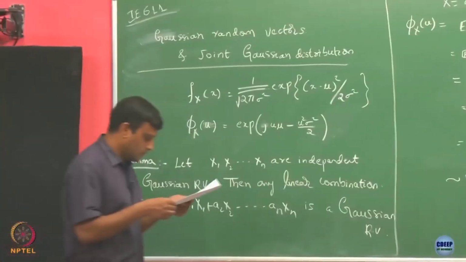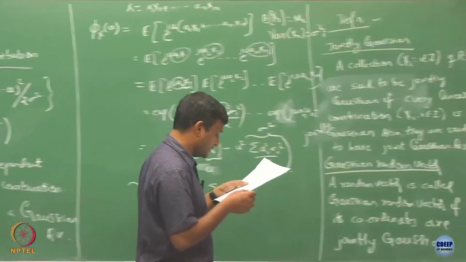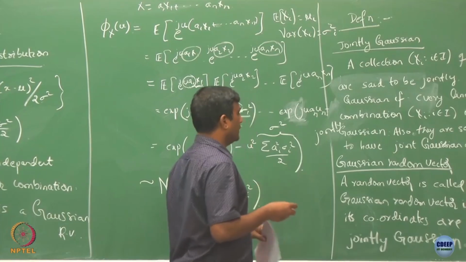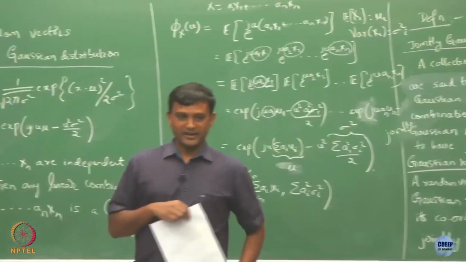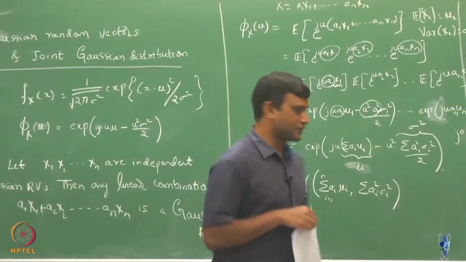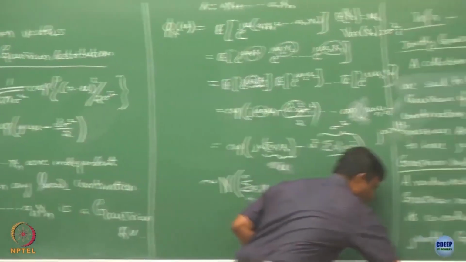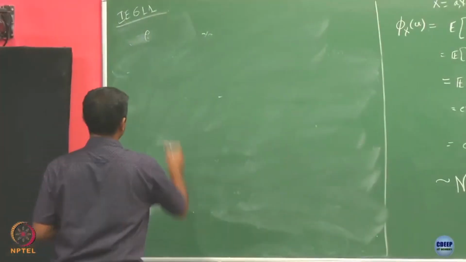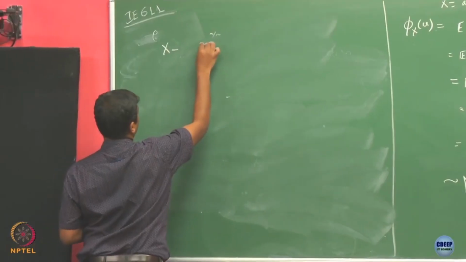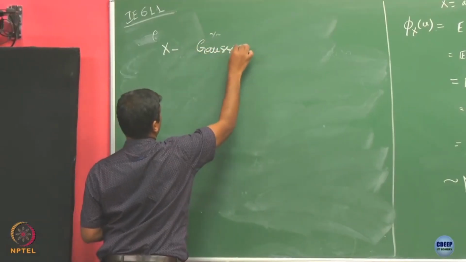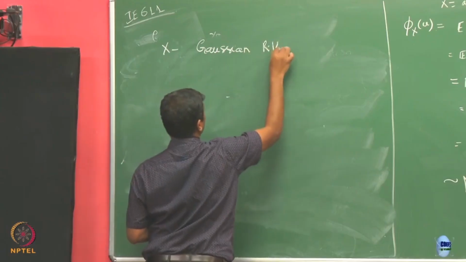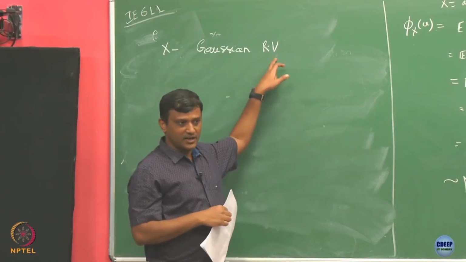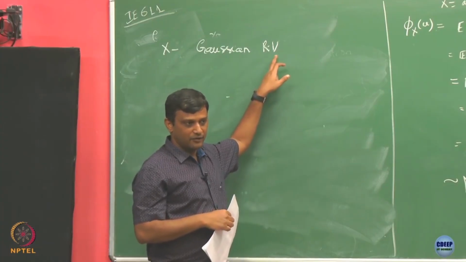Okay, now, when I have a collection of random variables, how am I going to denote its distribution? If I have a random variable x that is a Gaussian random vector, I am going to use RV for random vector here.